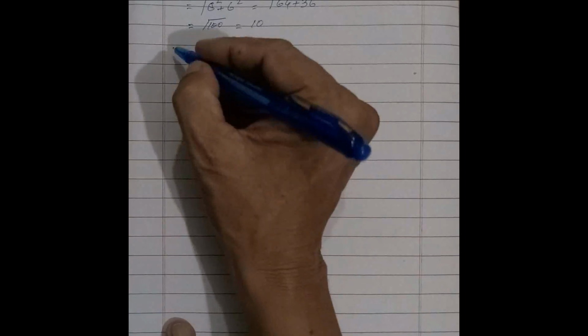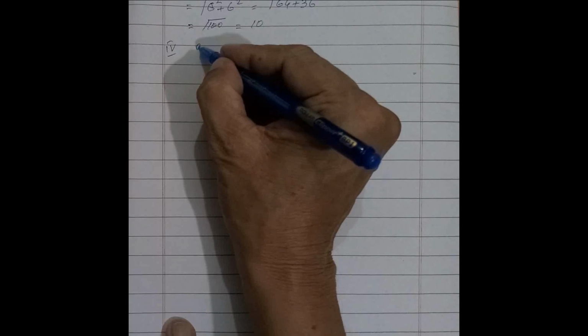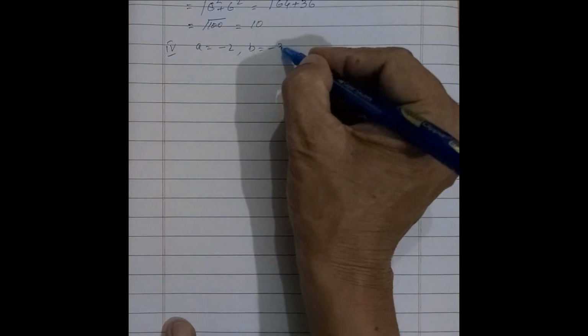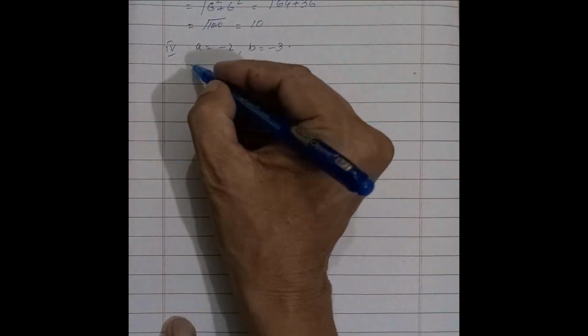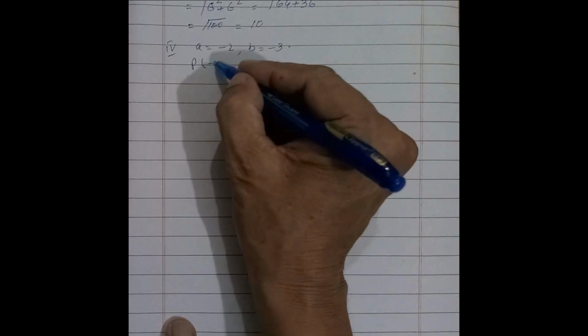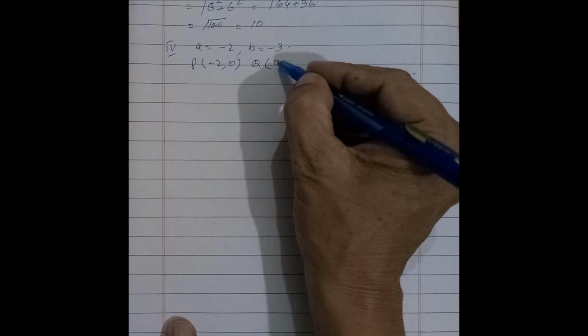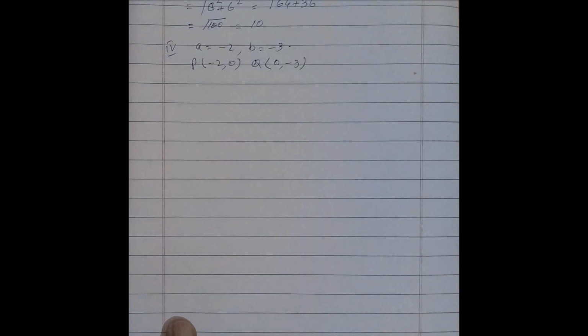And the next is the fourth part, in which a is equal to minus 2, b is equal to minus 3. So we first find the coordinates of P and Q. P is (minus 2, 0) and Q is equal to (0, minus 3).